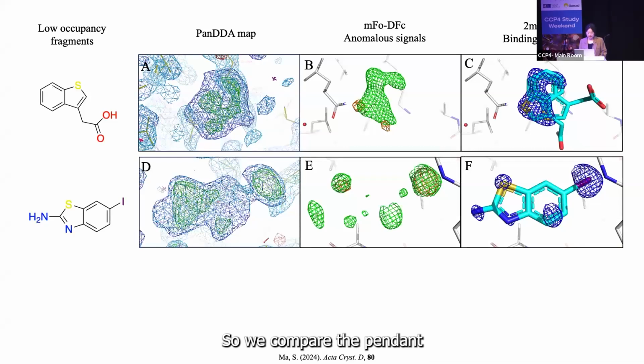So we compare the PanDDA maps for the 2 fragments of NSP1, shown in figures A and D, with the overlap map of the standard difference Fourier map and the anomalous difference Fourier map, shown in figures B and E. Clearly, the PanDDA maps have a more complete density for the 2 fragments, but do not confidently suggest the binding orientations for the 2 fragments.